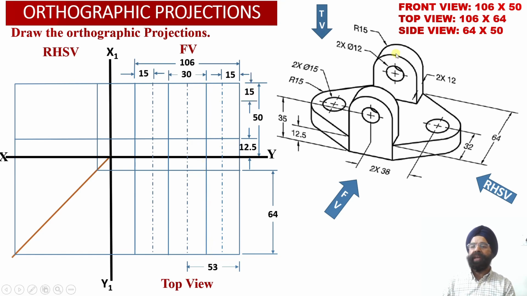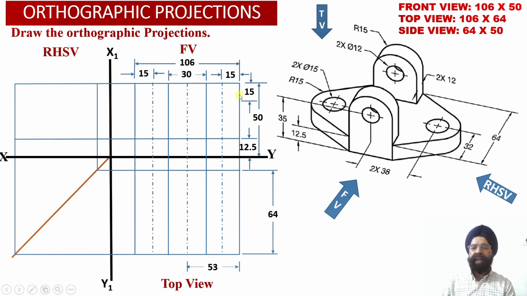Now we have evaluated that the distance of the center point from the top face will be equal to 15 millimeter. So this will provide us with the center point corresponding to the circular arc of the vertical web. It will also provide us with the center point corresponding to the circular hole, which has a diameter of 12 millimeter, which exists in the 2 vertical webs over here.